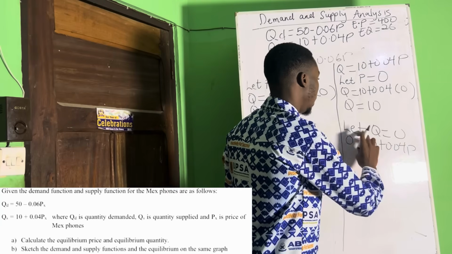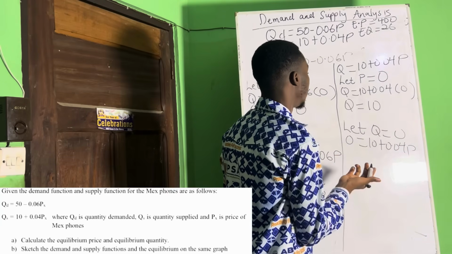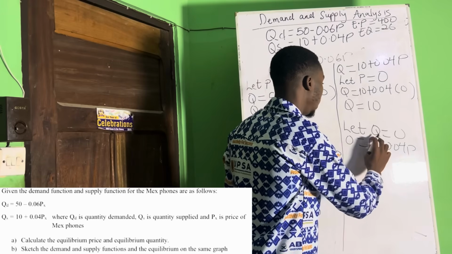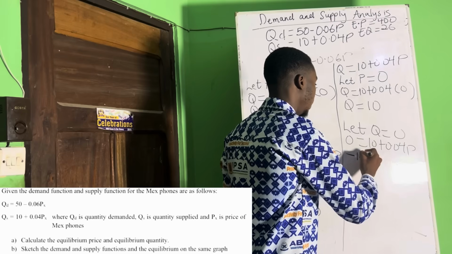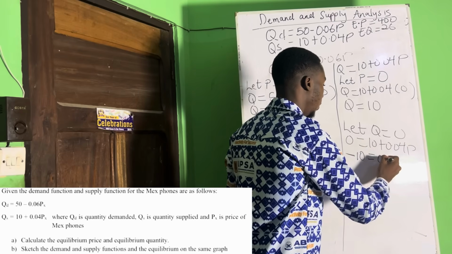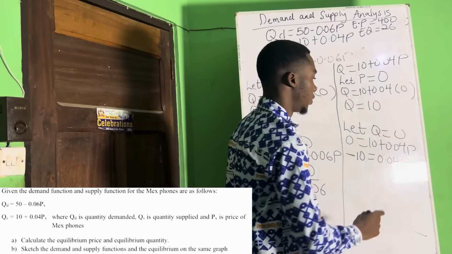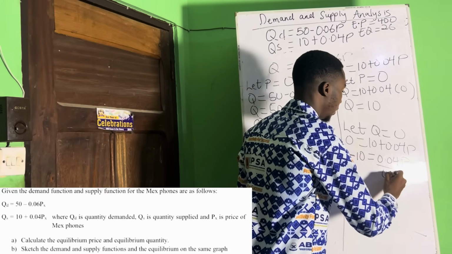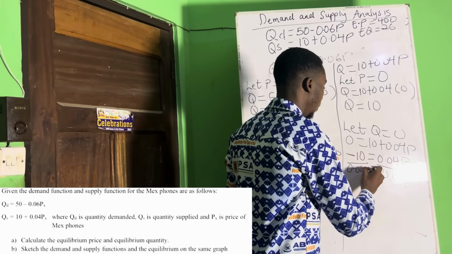So you can bring the 10 to this side, or you can bring 0.04p to this side. Let's just bring 10 to this side. So when 10 crosses the equal to sign, it becomes negative. So negative 10 is equal to 0.04p. Then we want to make P the subject, so you divide both sides by 0.04.